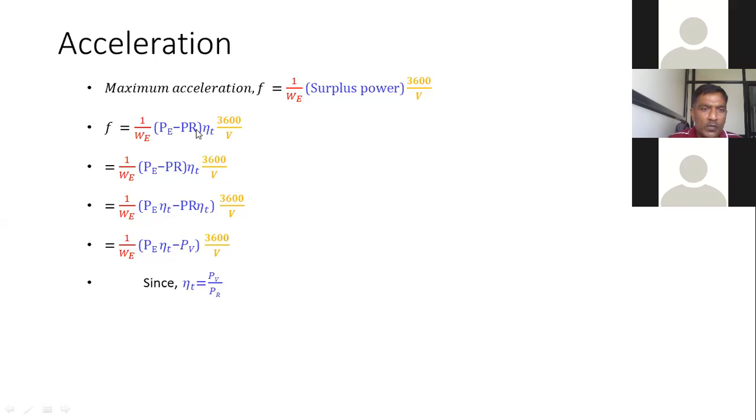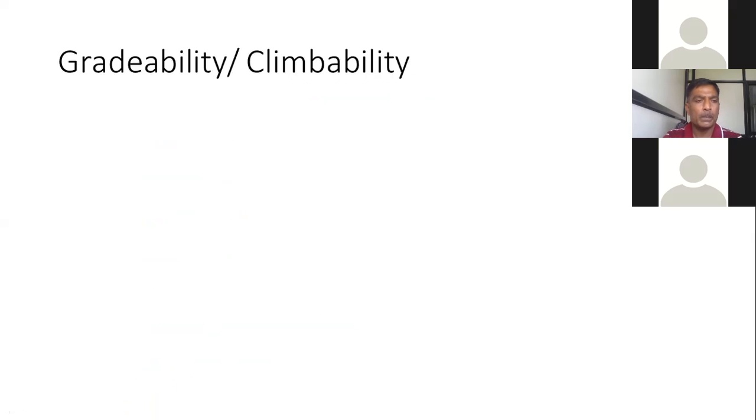So PE and PR, engine power required by the vehicle, that already we have seen. Okay. Then 1 upon WE inside the bracket tractive effort minus road resistance. So this we have seen as the maximum acceleration is equal to 1 upon WE inside the bracket F minus R.